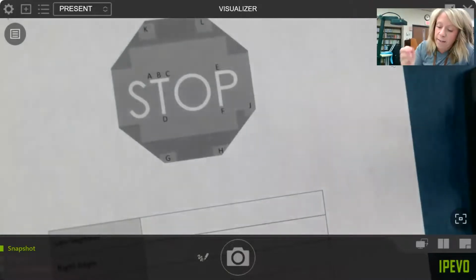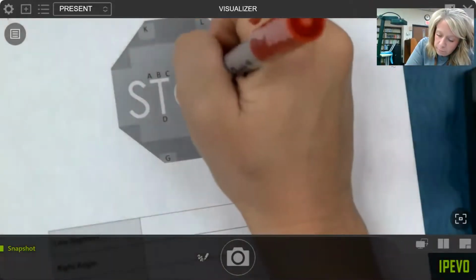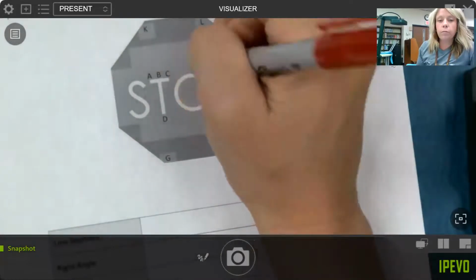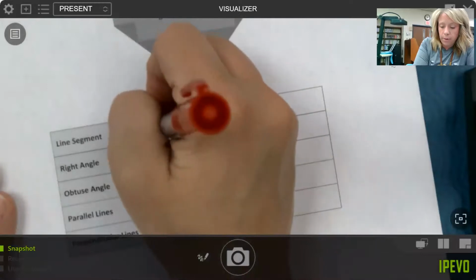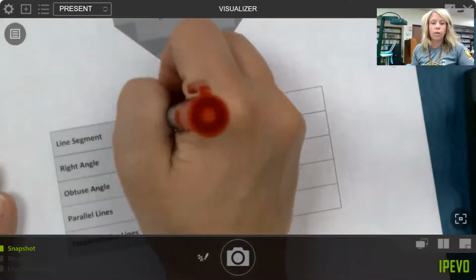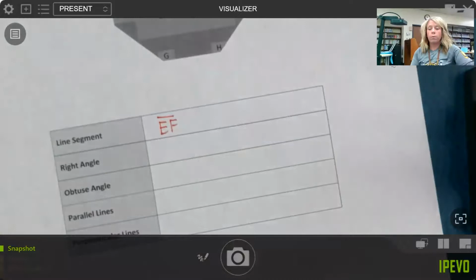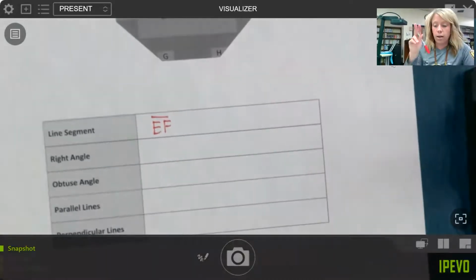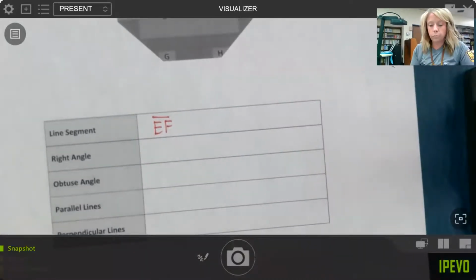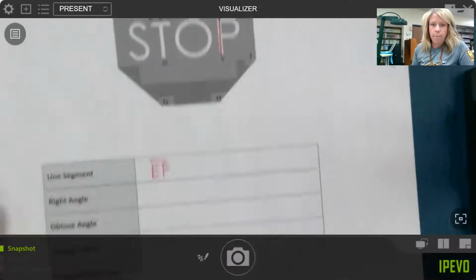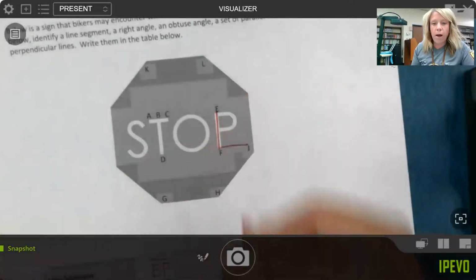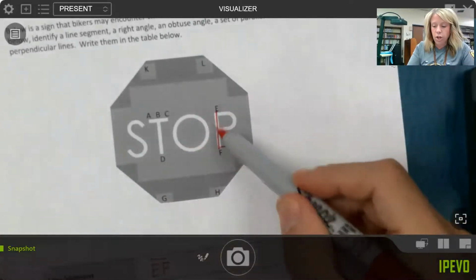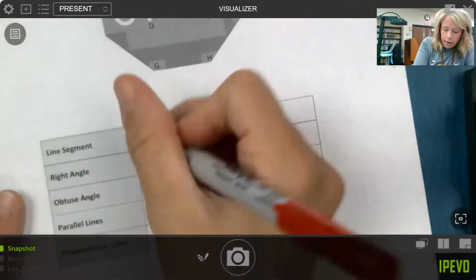So I see a line segment right here from E to F. So one example of a line segment would be line segment EF with a line over top of it to name it. Remember, line segments and lines are named with 2 letters. Now I need to find a right angle. So I'm going to use that same F, and now I'm going to go from F to J. So my angle is angle EFJ. That right there creates a right angle.